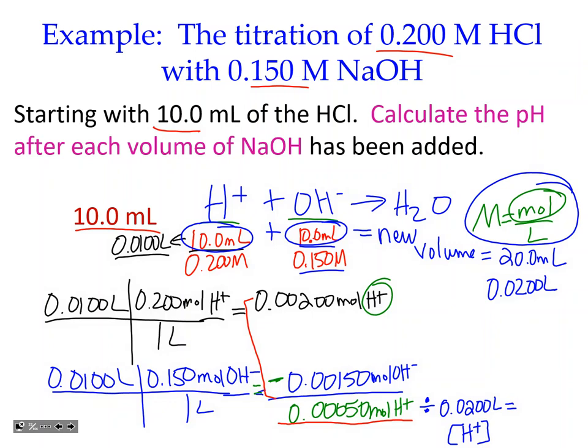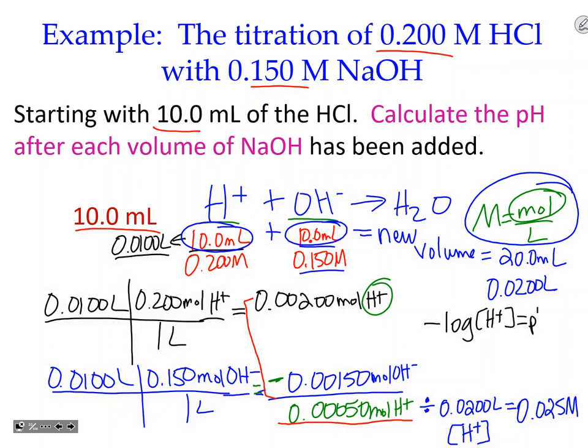Let's calculate. 0.0005 divided by 0.02. What is the new concentration for our hydrogen at this point in the titration curve? Yes, that is correct. Now, it's simple. It's negative log of hydrogen.